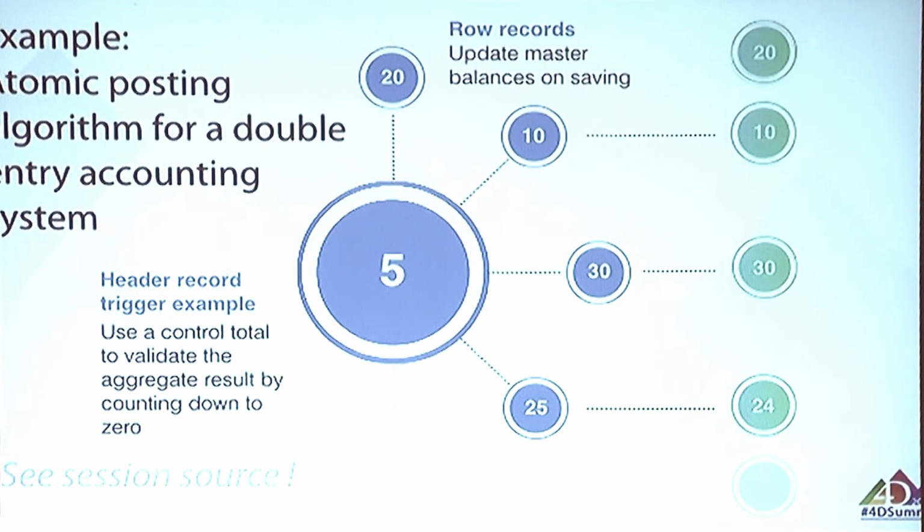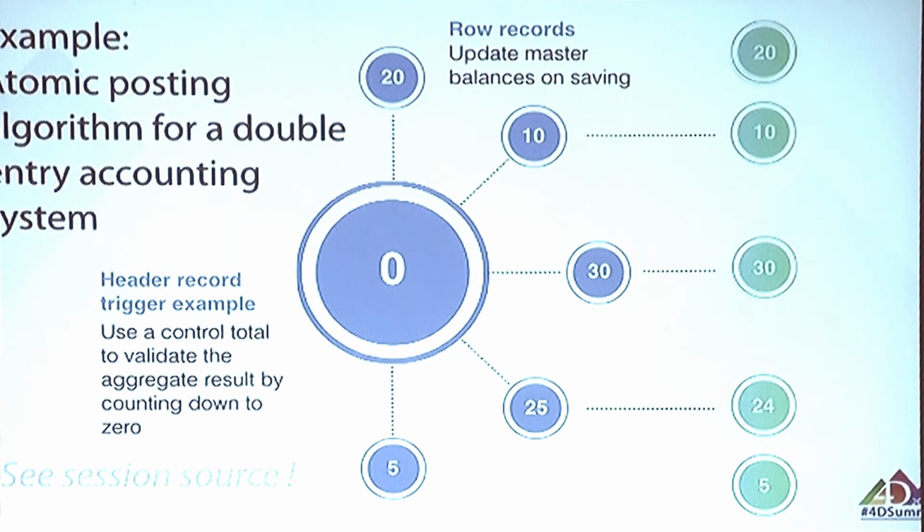Now, the other thing is that we can go from the microscopic to the macroscopic here. And this is another beauty of this type of atomic coding approach, because each of these little lines is imposing its own constraints. And when the header gets to the end, it itself is going to check that it's got 0 left. So it's downdating the control amount in the header every time it saves one of these postings records.